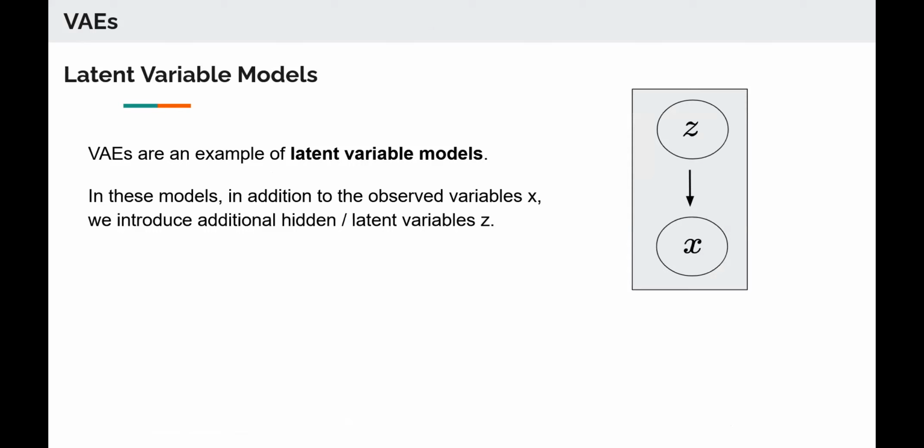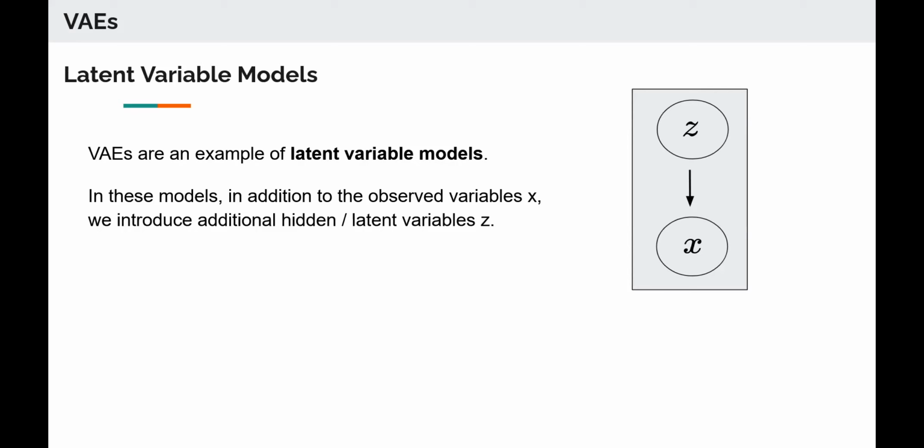I would recommend paying a bit of extra attention for the next 10 minutes or so, because this is the only part of the lecture that's a bit math heavy, but I think it's useful to understand this. Now, VAEs are what are known as latent variable models.